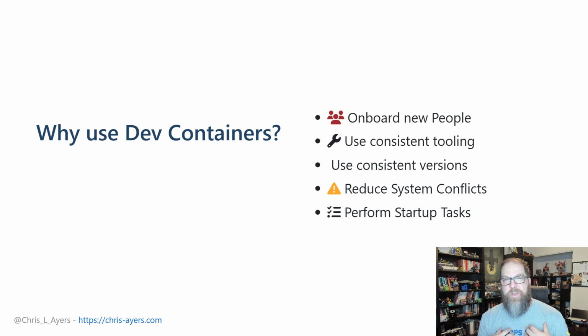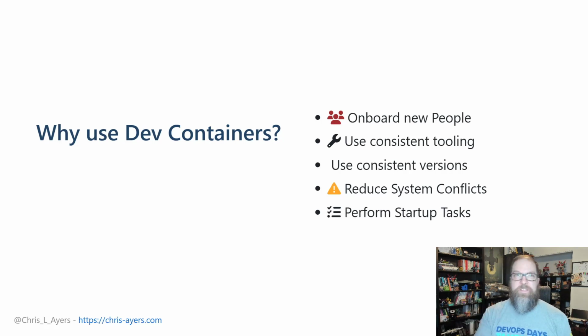If I use VS Code and somebody else uses completely different extensions for spell checking or different setups, that can be a problem. I've also been a consultant, and today I work with lots of customers, and so if I'm pulling down code that uses different versions of .NET or Python or Java or Node, system conflicts happen.